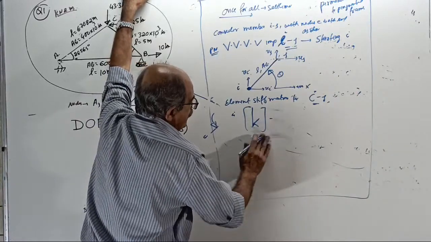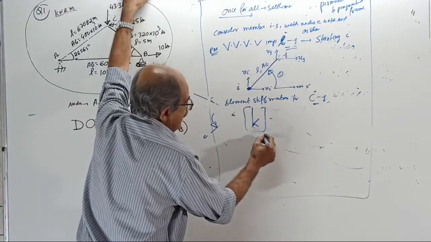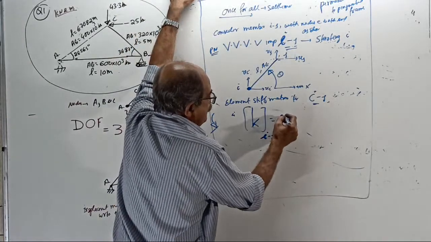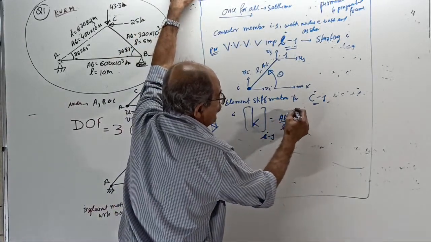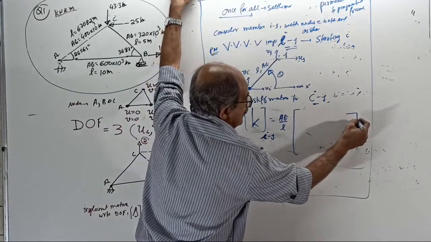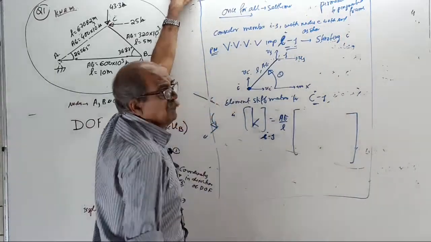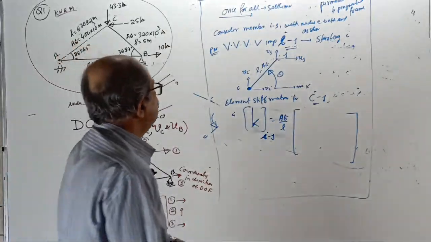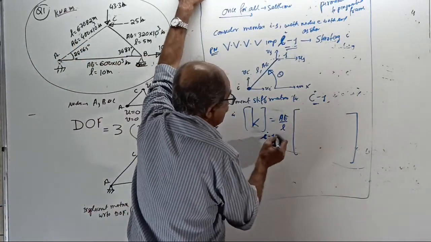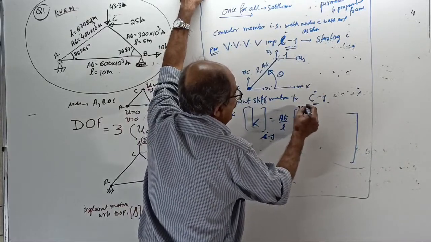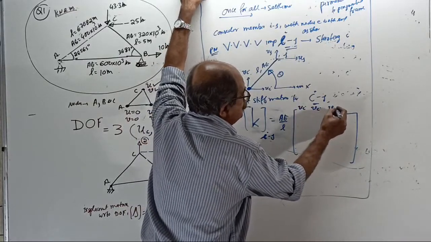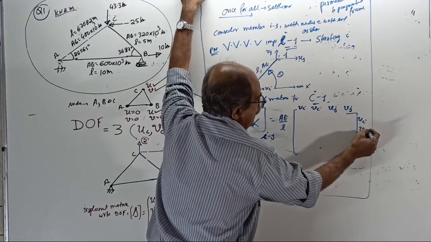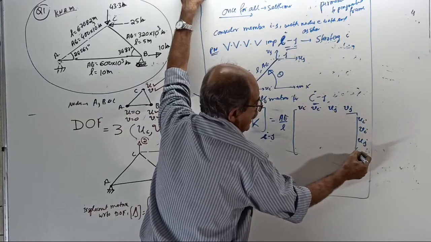K of IJ equals, if you remember, AE by L times. Do you remember the derivation done in the class? Do you remember how the order is? Order is I first: UI, VI, UJ, VJ, and the same for the columns.